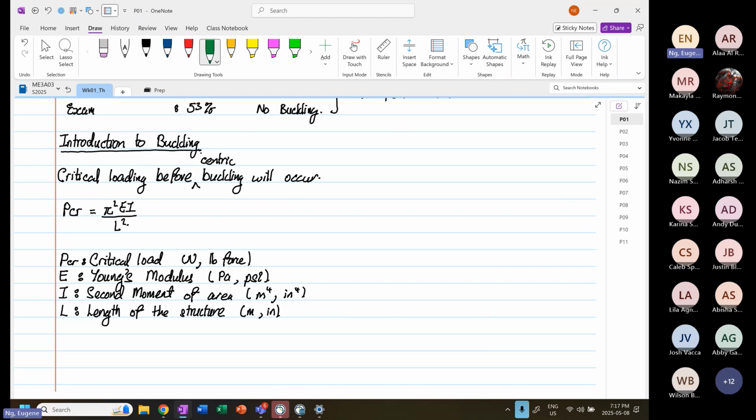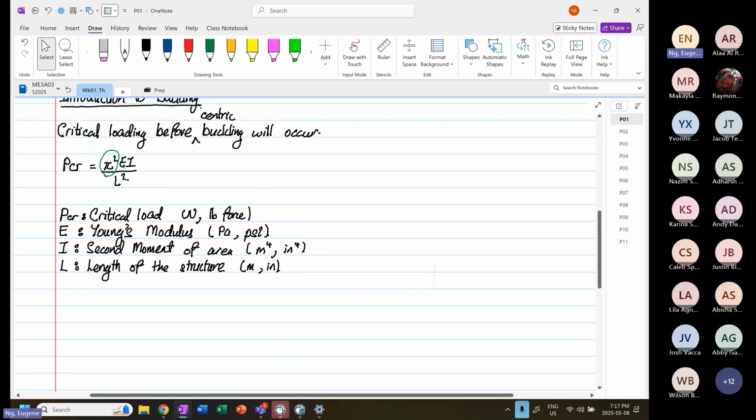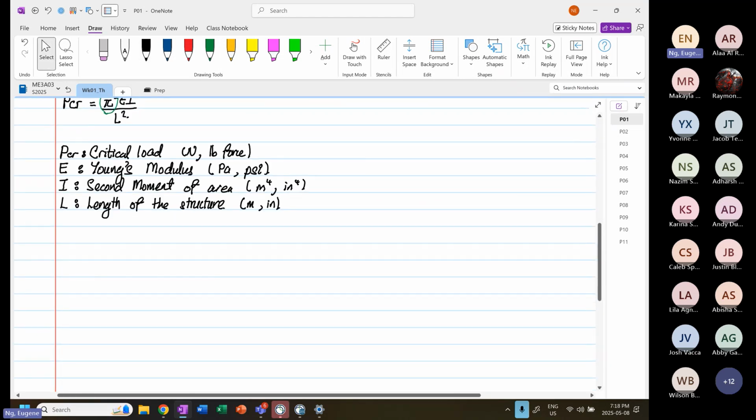What is unique about this formula is that for the first time we have pi in a formula. You don't usually see pi at all, but in buckling we happen to have pi, and later on I will explain why after we derive this set of formulas. Then you will see why we have pi.